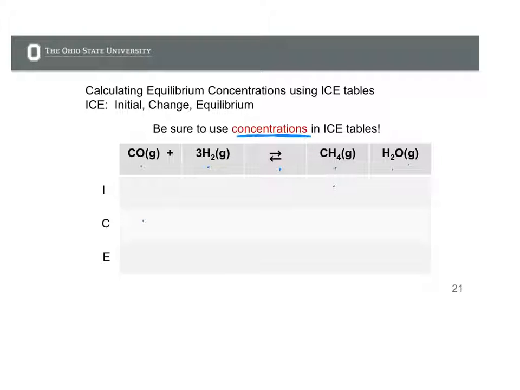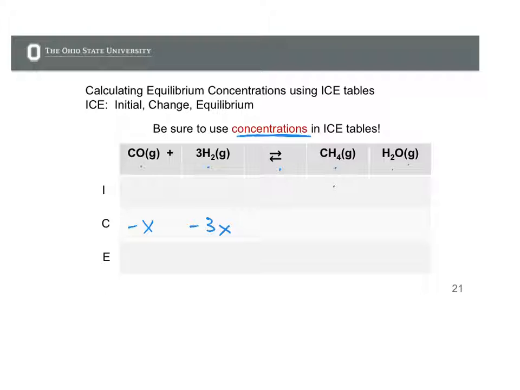We're going to use values of x to represent the amount of change that's going to take place during the reaction. If the reaction is proceeding in the forward direction, so reactants are forming products, you'll have minus x for CO, and the stoichiometric coefficients matter in this line. So you would have minus 3x for H2.